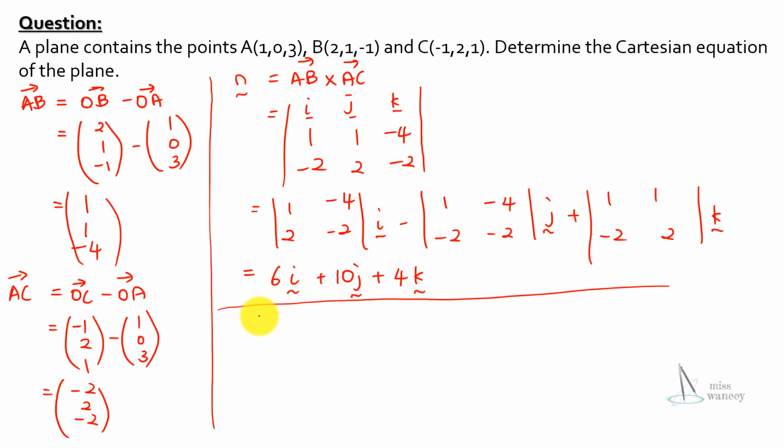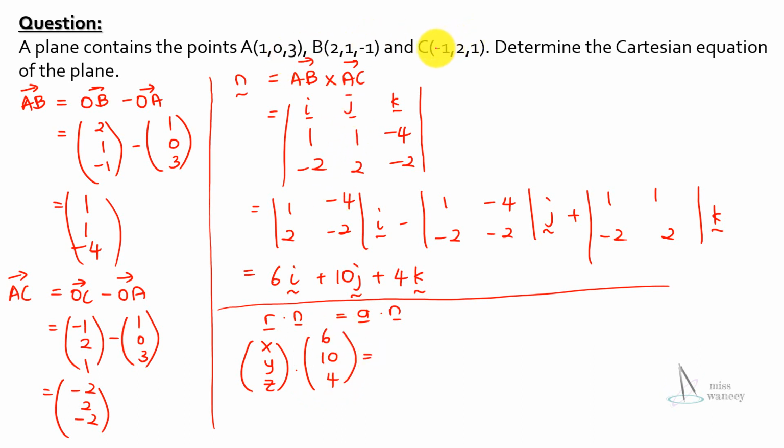Now for the equation of the plane, we have to use r dot n equals a dot n. r is simply (x, y, z) dotted with n, (6, 10, 4), equal to... I have 3 fixed points.